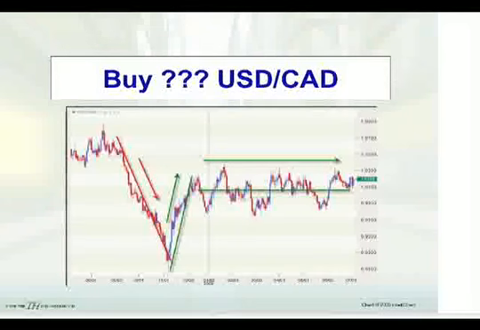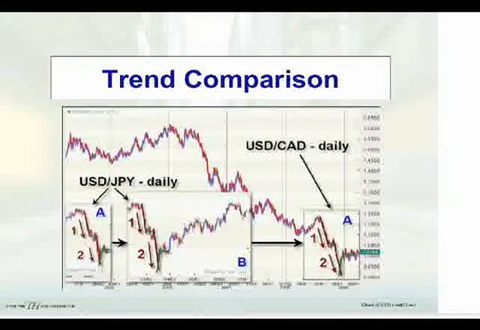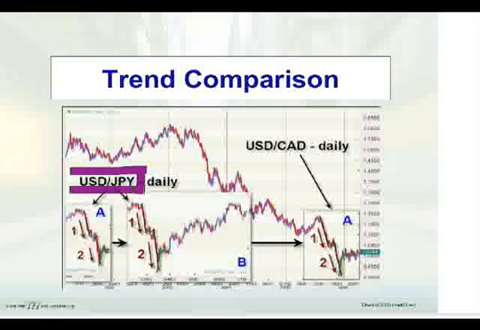Now heading into the last presentation I did in July, we had a similar price development forming on the USD CAD. I've kind of skipped forward here and we're going to go back a couple slides, but what I want you to see here is that here's the price action that was happening on the USD JPY heading into April's presentation right here. Notice that in the presentation heading into July, we had that same price development.